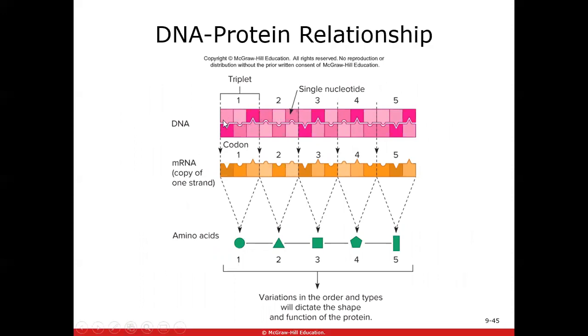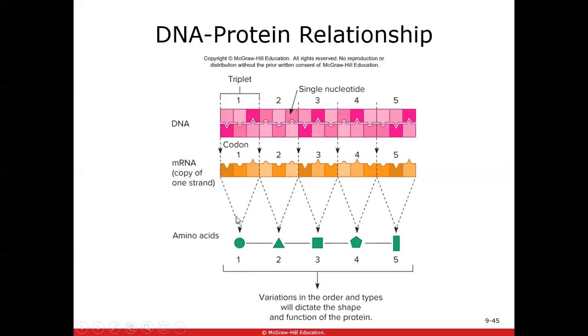For every 3, you'll have a corresponding 3 nucleotides on the copy of this strand of DNA, and these 3 nucleotides are associated with a specific amino acid. So whatever the code is on the DNA, you have the opposite code on the messenger RNA.